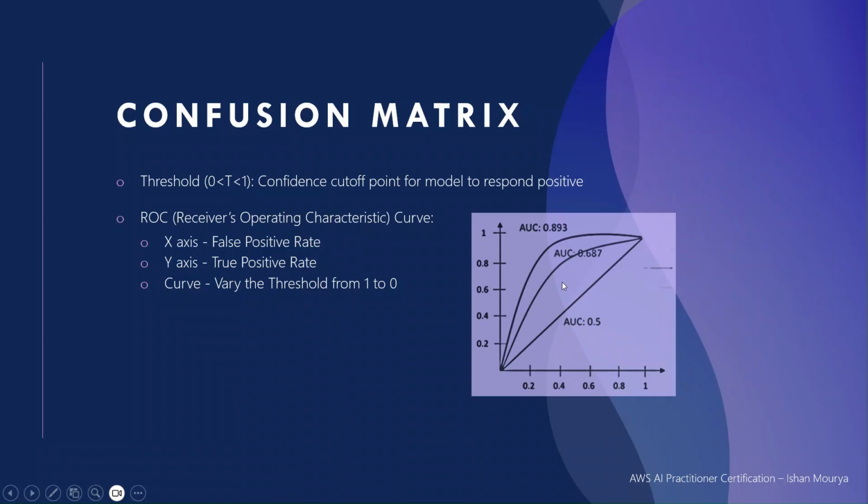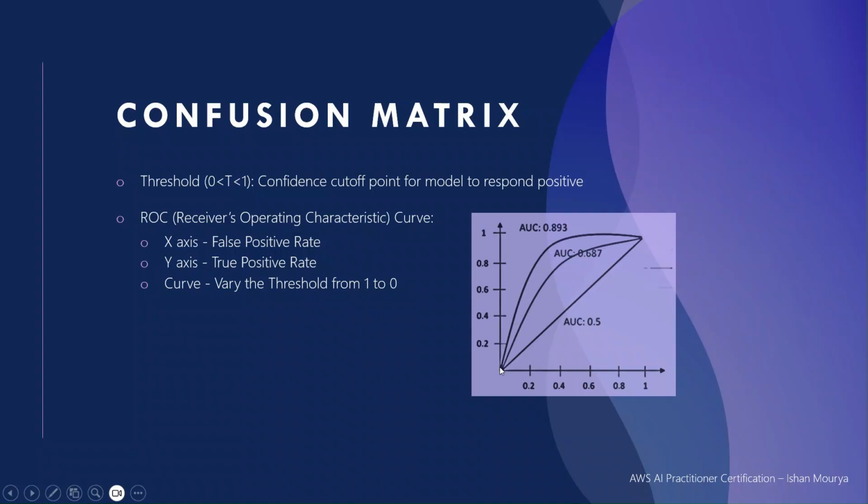These are three graphs for three different models, which will look like this. It will always start from 0, 0 and always end at 1, 1. Why is it like this? Because if our threshold is 1, then, since a real-world model will never give you a confidence of 1, it can be 0.9999 but it cannot be 1, none of the mails will be marked as spam.